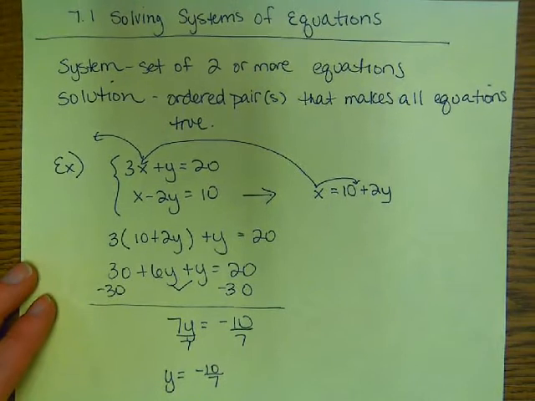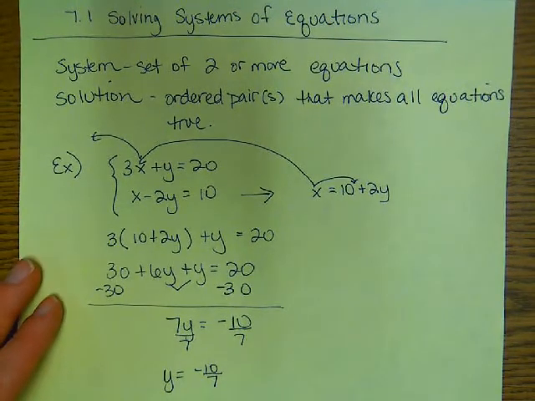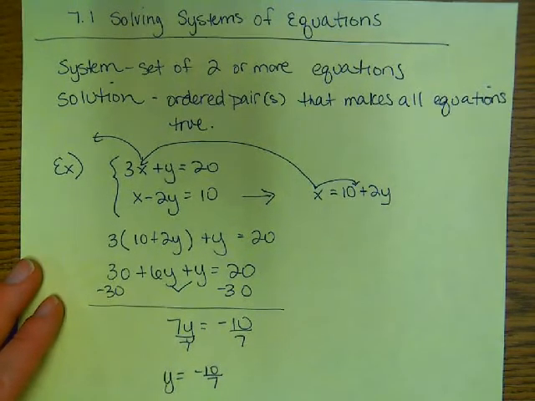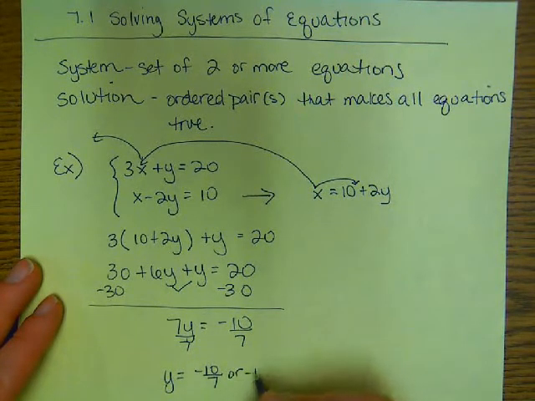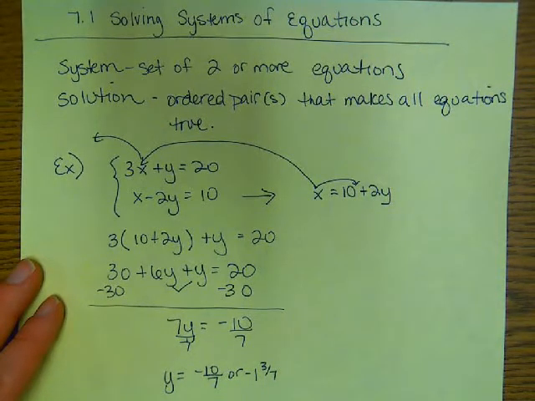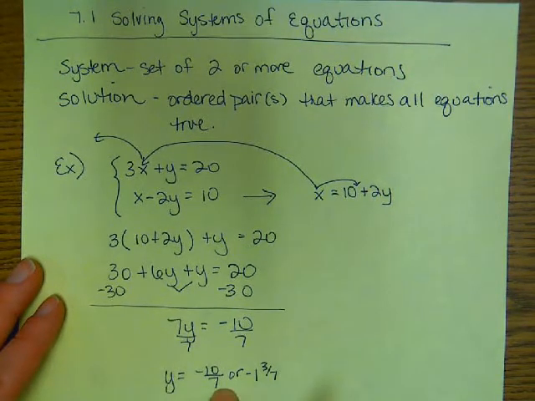And I know that's not a very nice fraction. I'm going to just leave it like that for now. If you wanted to, this does go in one time and there's 3 left over, so you could write it this way. But I think it's going to be easier to substitute if I just leave it as negative 10 sevenths.